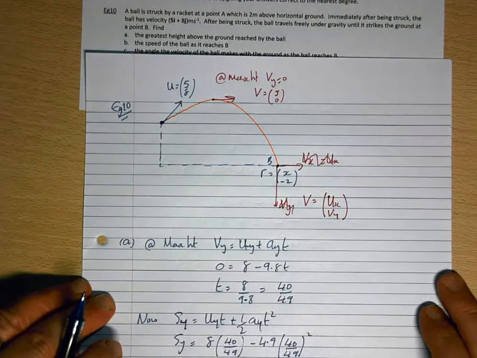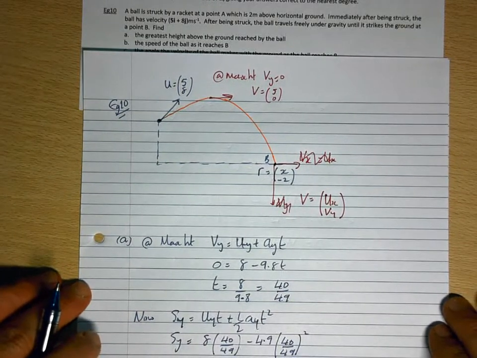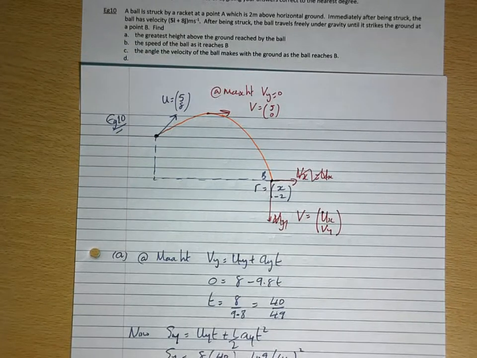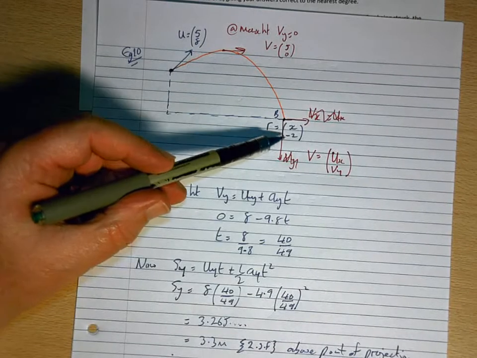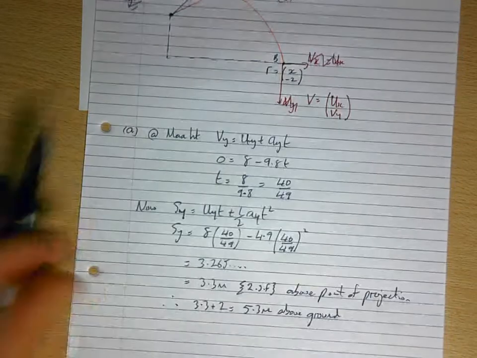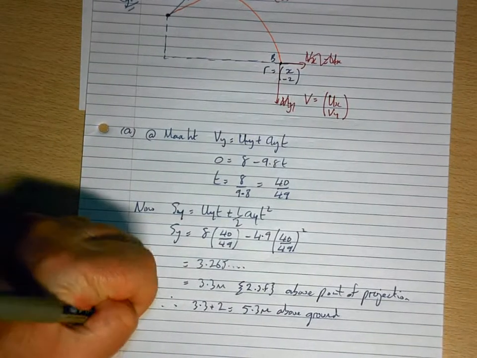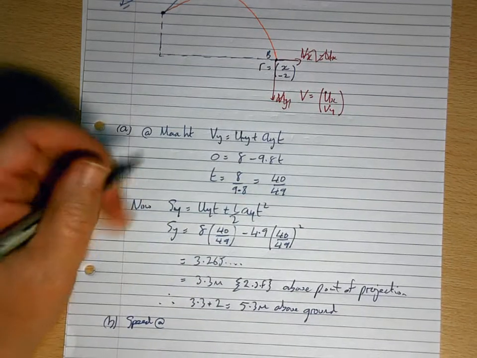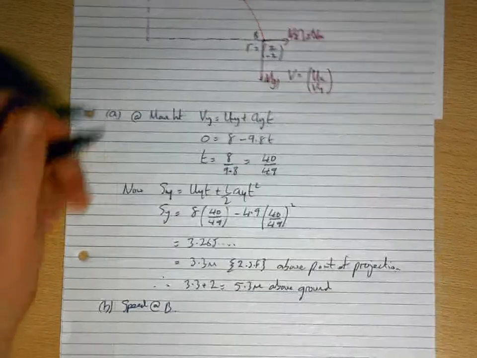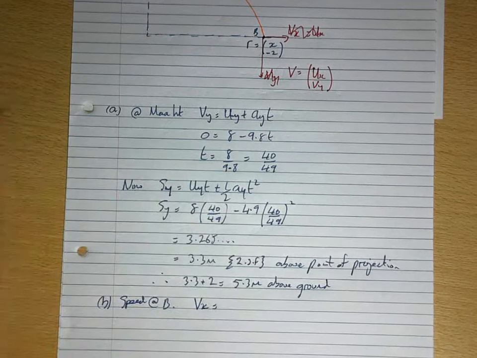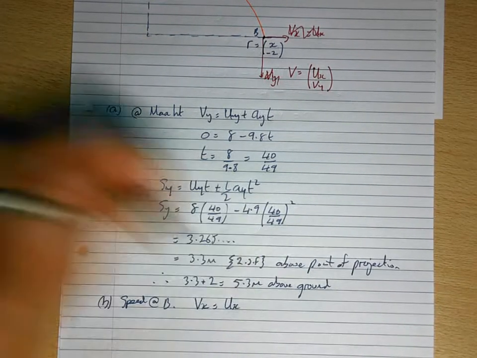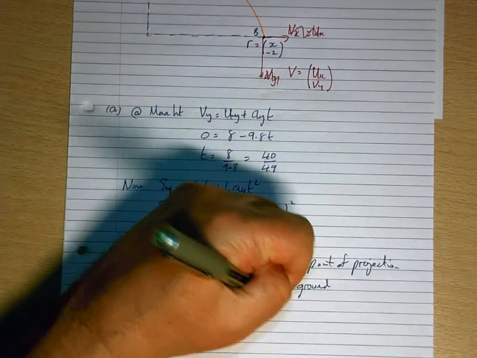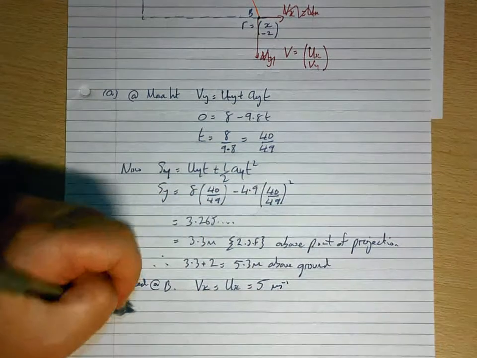Okay, the speed of the ball as it reaches B. So when it reaches B, I know its vertical position is minus 2. So the speed at B, well, I know the Vx, the horizontal, is Ux, which is 5. So I need to find Vy.